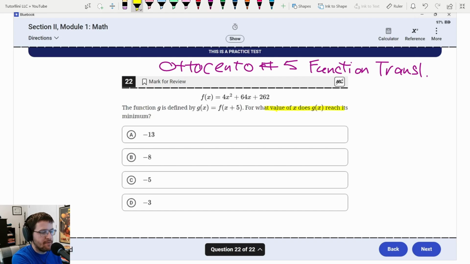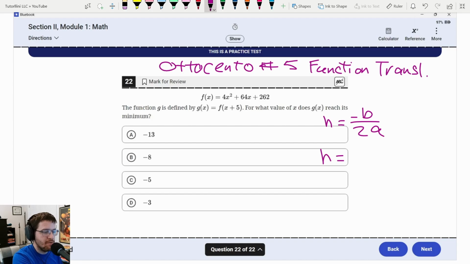So we want to find the value of x where g of x reaches its minimum. That's the x-coordinate of the vertex, which we call h. So I'm going to first find the x-coordinate of the vertex of that function f of x. It's in standard form, so I'm going to do h equals negative b over 2a.